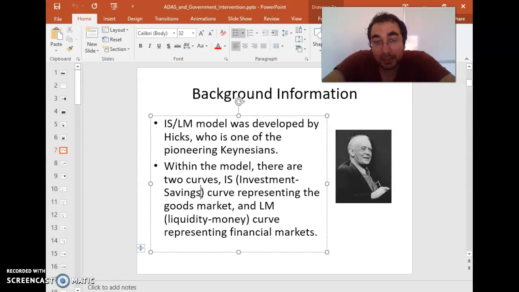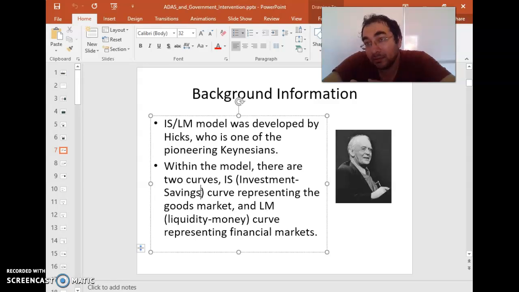While the LM relation is called the liquidity money relation. As the output level increases, this will, of course, increase the demand for money. As a result, if the money supply is fixed, this will increase the interest rate.